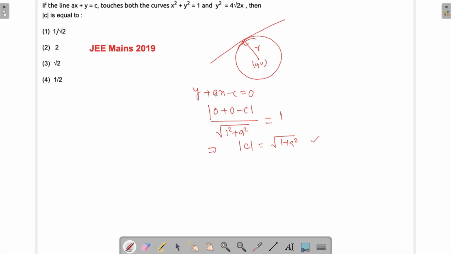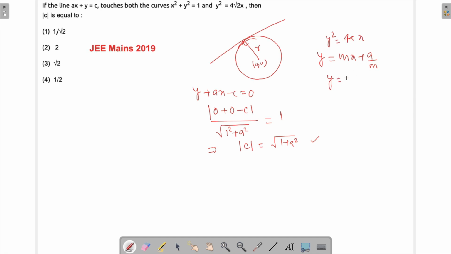Now, another thing which I can observe, if this is a tangent to this parabola, so generally the equation of the tangent to the parabola is of this form: y equals to mx plus a by m, right? Here a, don't get confused by this, we are talking about this 4ax, so here a is actually root 2.